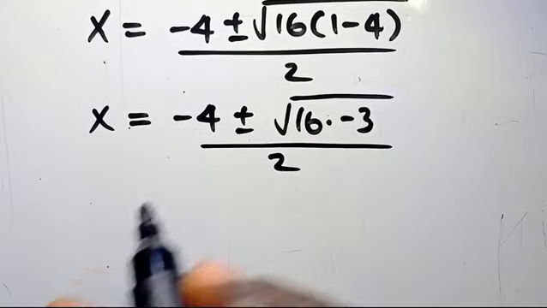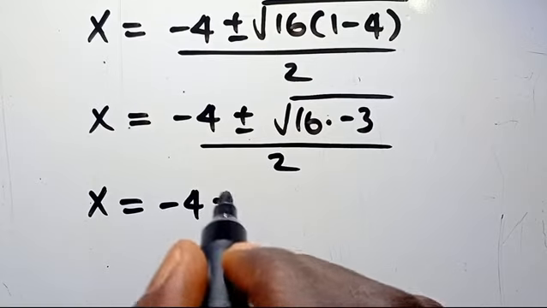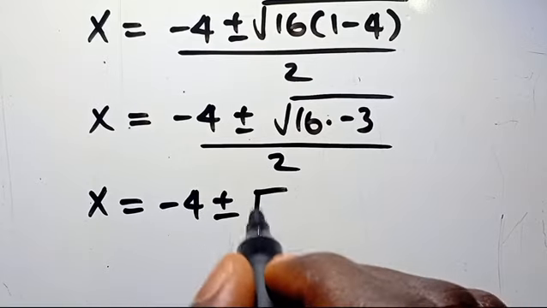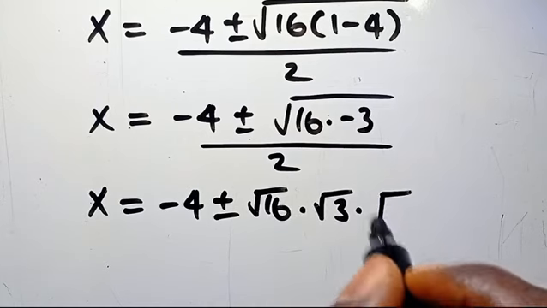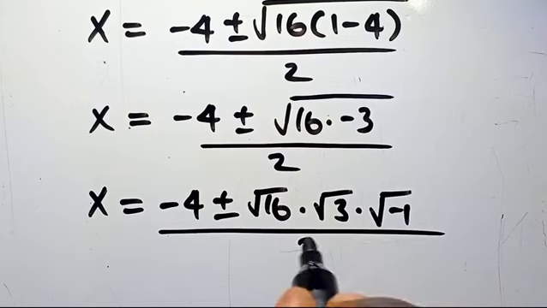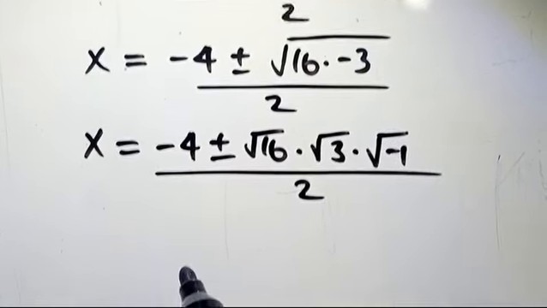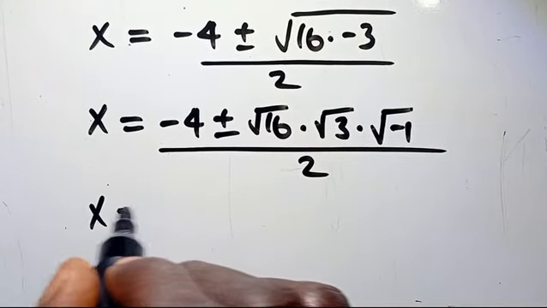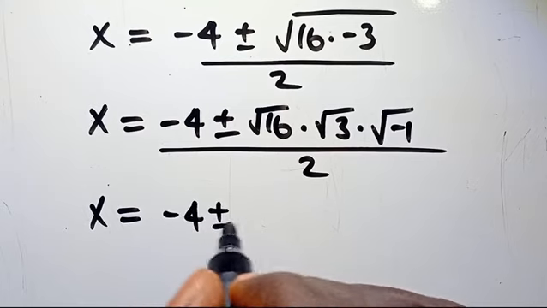So from here we have x equals minus 4, positive or negative, root 16 times root 3 times root of minus 1, over 2a.